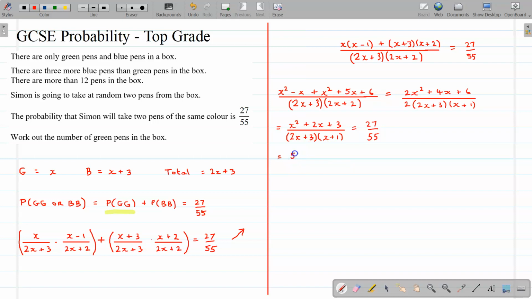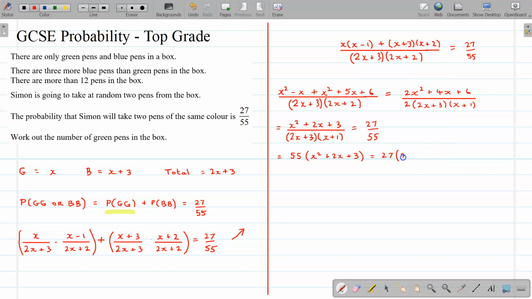We've got 55 lots of x squared plus 2x plus 3 on the left, and on the other side we've got that equaling 27 lots of, and I'm now going to multiply out these brackets, because that's going to have to happen at some point.